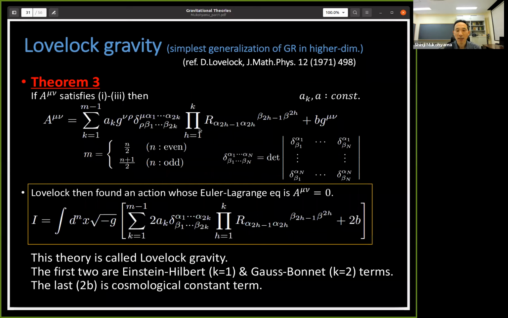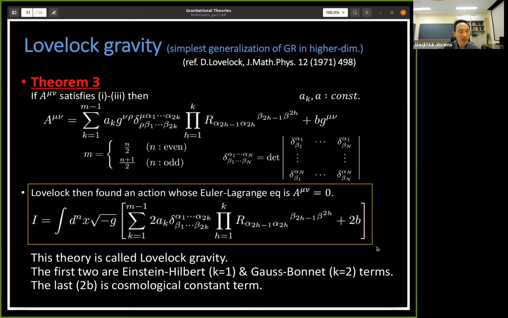The third theorem tells us that if A mu nu satisfies conditions 1 to 3, without condition 4 about the number of dimensions, then A mu nu is given by this: just the products of the Riemann tensor multiplied by this combination, the generalized delta, with arbitrary coefficient AK, plus a cosmological constant term, which is just the metric. He also found an action whose equation of motion is this one, and it is given by this.